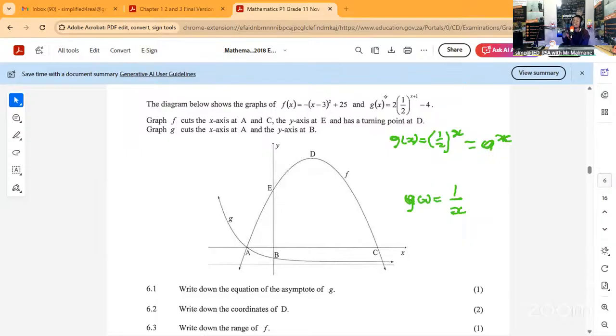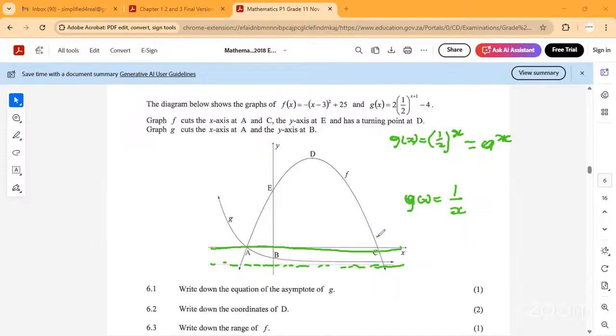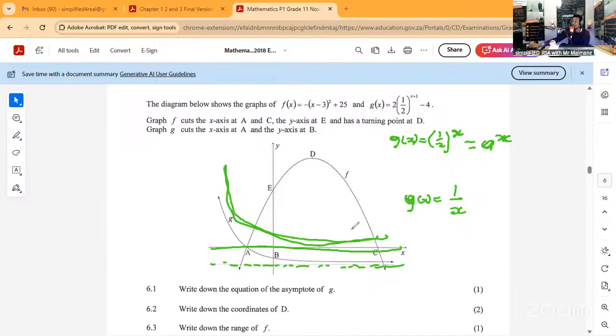It has moved a couple of units down, and you can see an asymptote underneath g of x, showing that it originally could have been here, but after it was transformed, it moved down to be there. That's the story we are trying to understand based on the diagram.